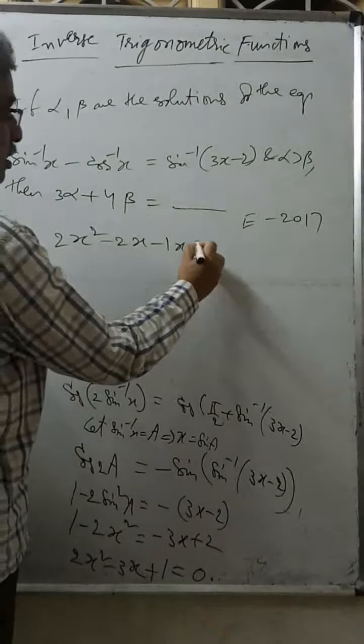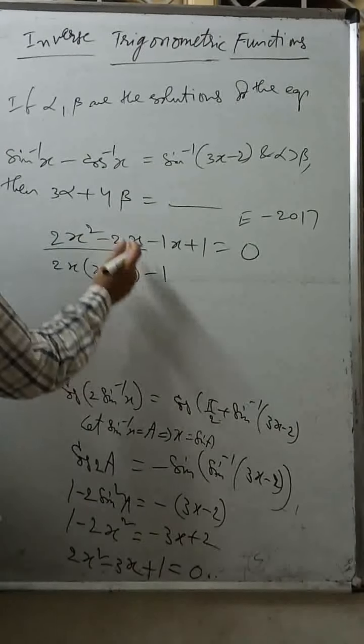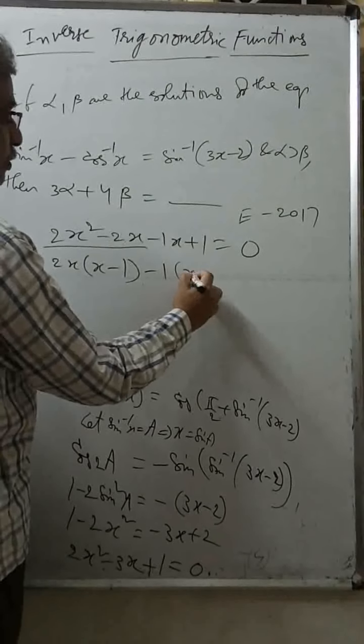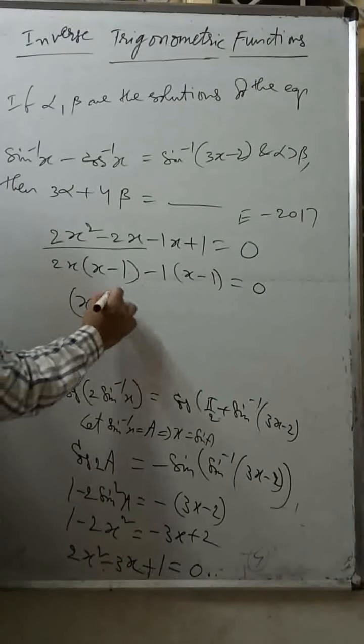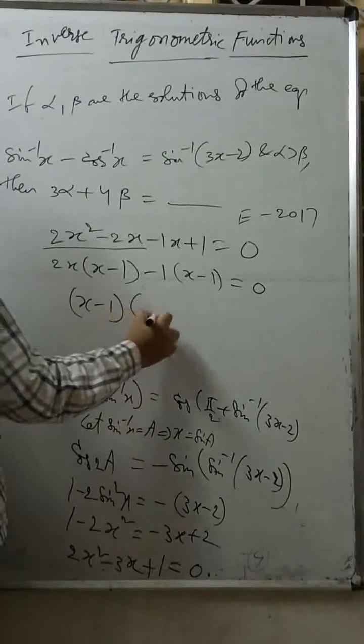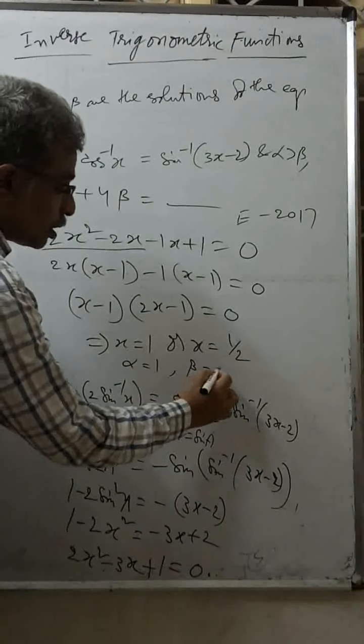I take 2x common from the first two, becomes x minus 1, and minus 1 common from the last two, x minus 1. So x minus 1 into 2x minus 1 equal to 0, which implies x equal to 1 or x equal to 1 by 2.